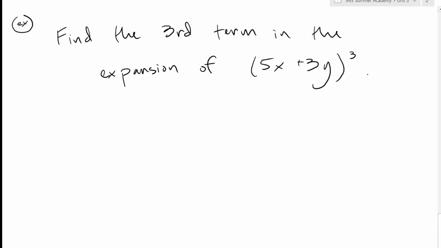Basically, when it gives us a problem like this, they don't want us to do the whole problem. I mean, you can, but they only want us to find the 3rd term. Okay, so it's going to come out to 4 terms. They only want to know what the 3rd one is. So once we find that 3rd piece, we'll just focus on that. So let's go ahead and do that.